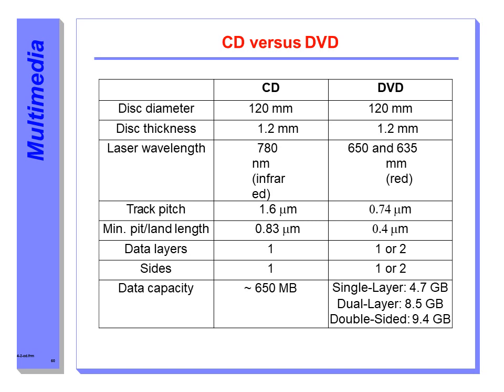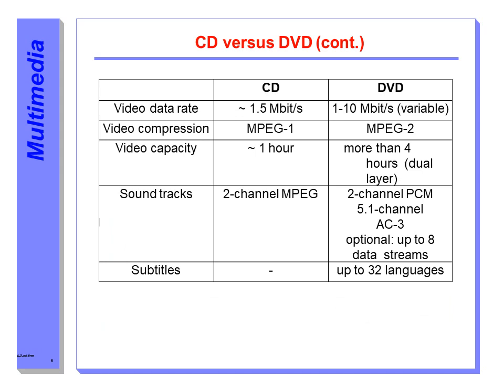The data capacity is a very important thing here. Data capacity varies greatly between CD and DVD, along with video rate quality, compression mechanism, video capacity, the number of soundtracks, and whether it uses different subtitles. These are the normal, very common differences between the CD and DVD.